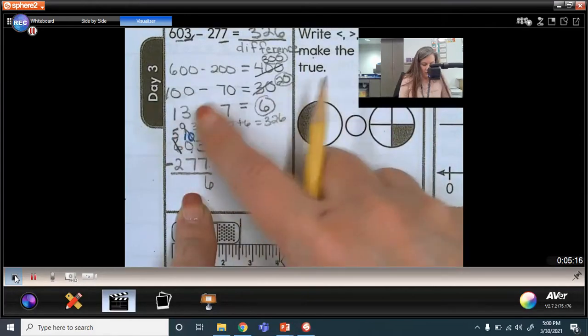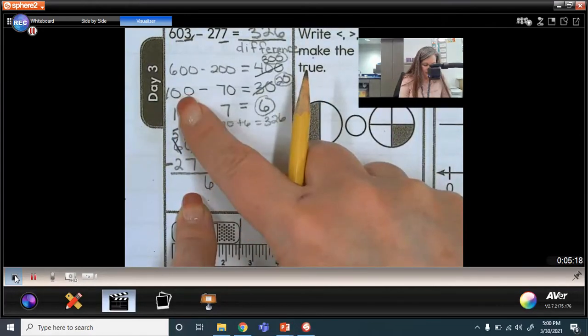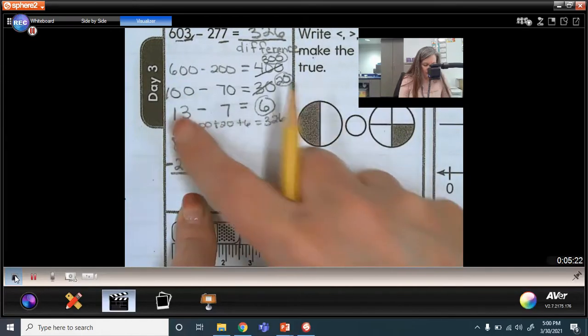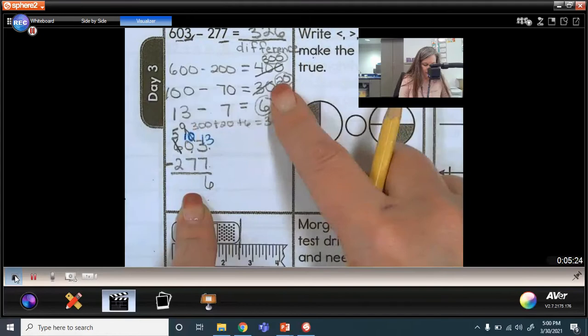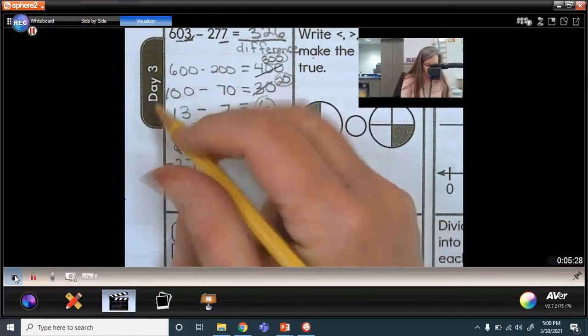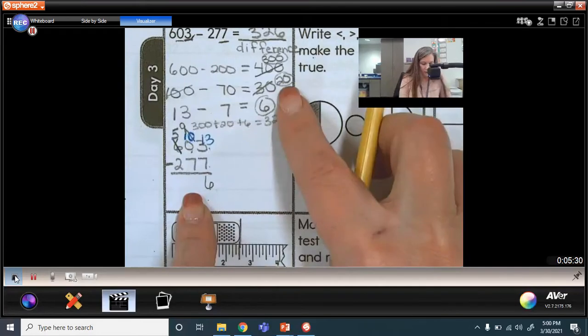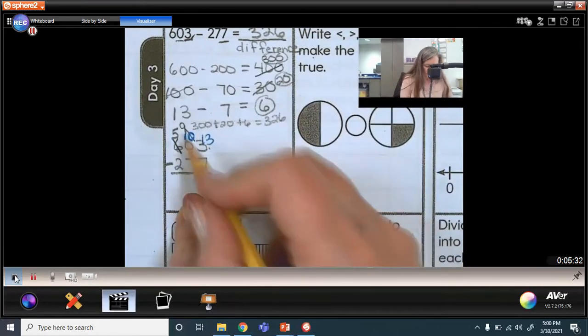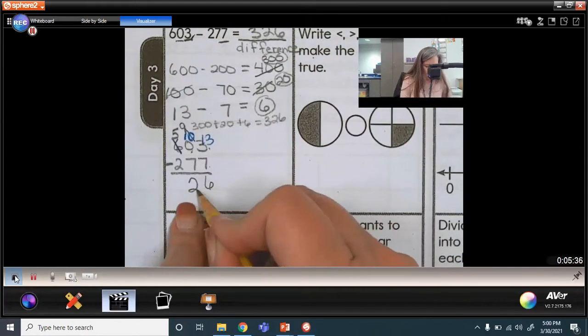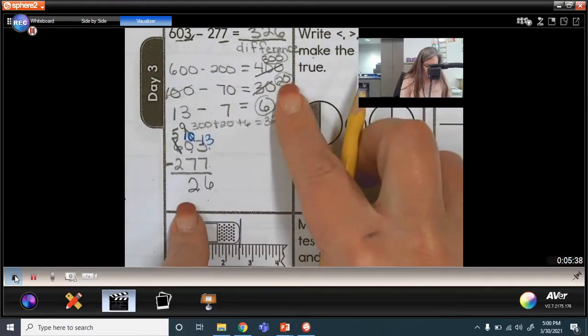Same thing whenever I regrouped here. I had to borrow to make this 100 and subtract 70. But when I borrowed this 100 or 10 from here, I actually borrowed it from my answer instead of right there, which I could have borrowed it from here, but I decided to borrow it from here instead. And this is going to be 90 minus 70 is 20, which is here.